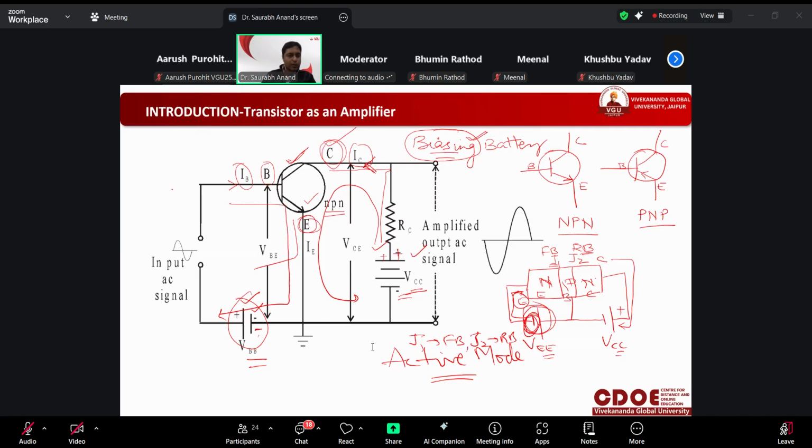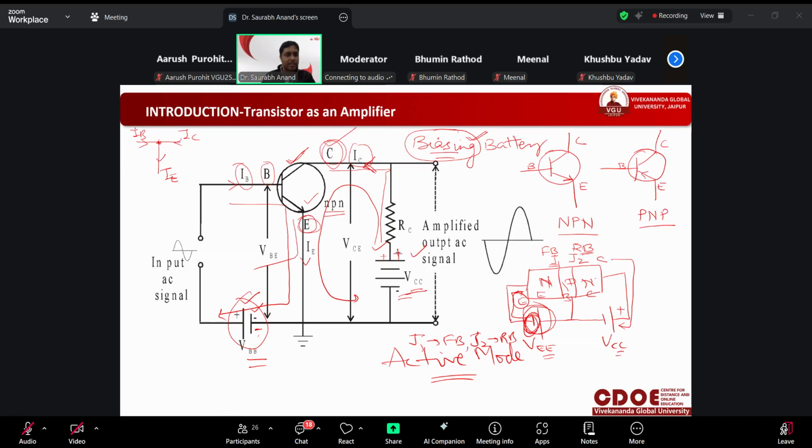We have studied KVL and KCL. If we replace this transistor by this node, and this is IB, this is IC, and IE is here, obviously IE will be in this direction. If we write the equation using KCL, all the incoming current will be equal to the outgoing current. How many currents are incoming?